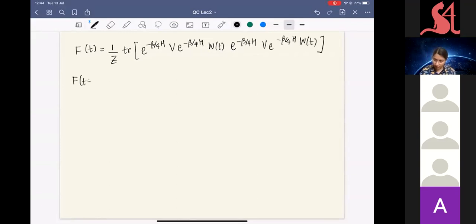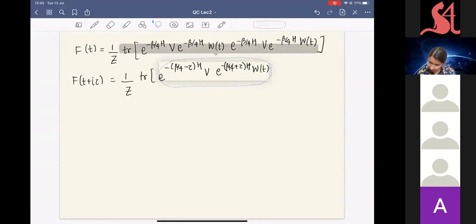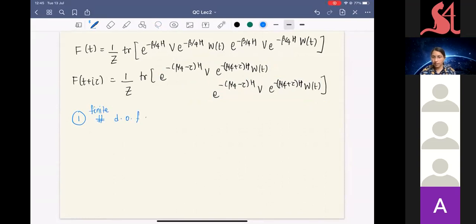And so f of t plus i tau is as follows. As you can see, the first point is that for a finite number of degrees of freedom, this function f of t plus i tau is analytic in the tau less than or equal to beta by 4 strip.